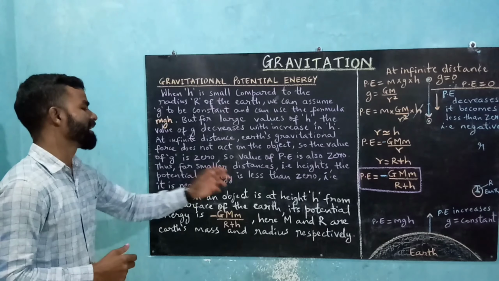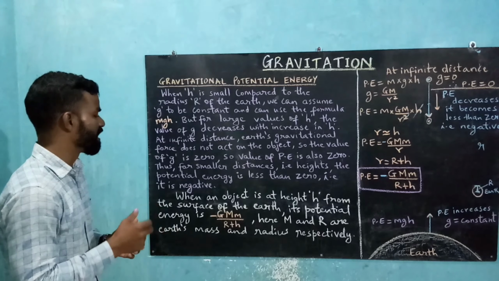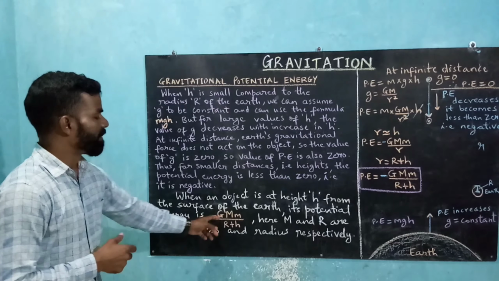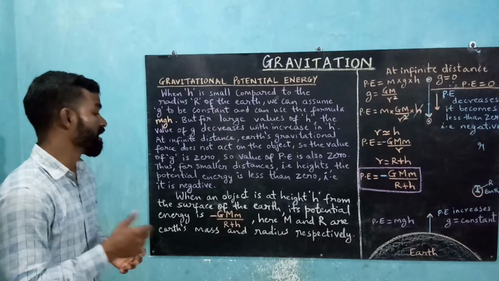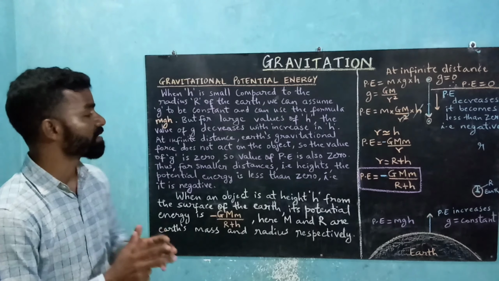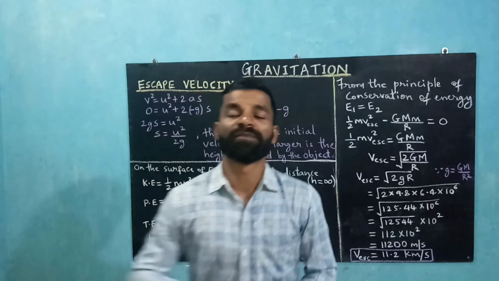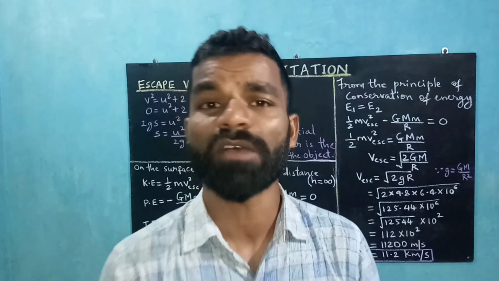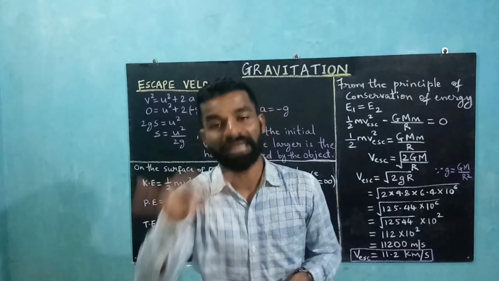So when an object is at height h from the surface of the earth, its potential energy is minus capital G, capital M, small m divided by R plus h. Here M and R are the earth's mass and radius respectively. We have seen that whenever the object is thrown up, its velocity goes on decreasing because of the gravitational force of the earth, which acts towards the center of the earth.